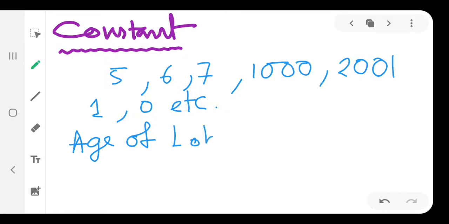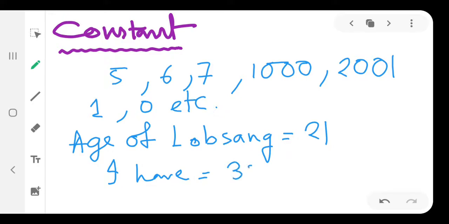Lobsang. Okay, so let's say the age of Lobsang is 21. So it's a constant. Right this moment, his age is 21. It's not going to change right this moment. Or better I say that I have 35 rupees. Right? So it is not going to change.